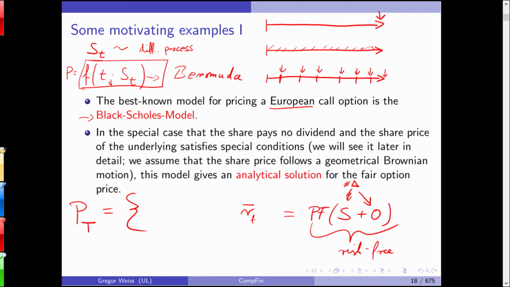You can sell the underlying for ST minus the strike if ST is larger than K, and 0 otherwise. At the maturity of the option, you know what the option is worth. And then you use this as a final condition to solve the differential equation.